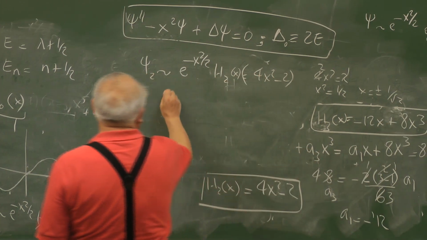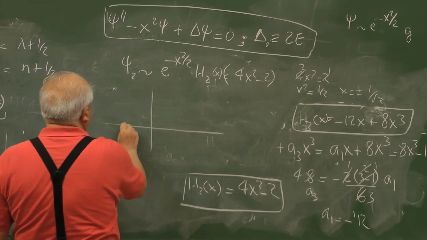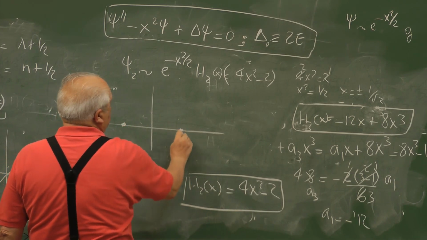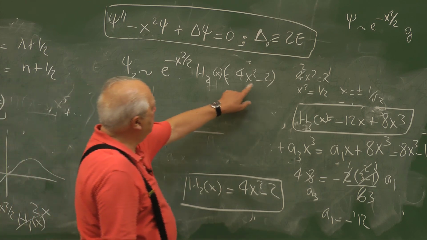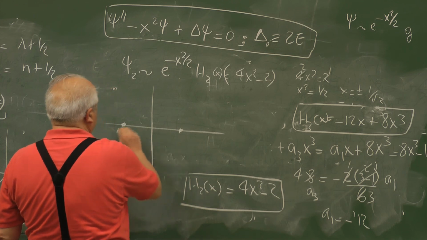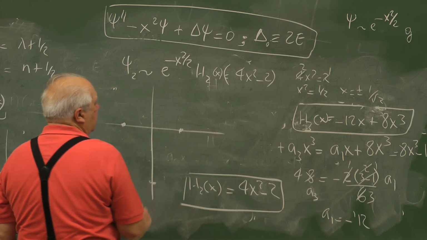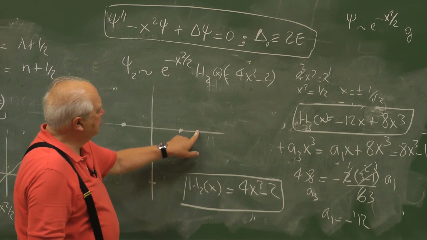So here we are. First of all, it has zeros here. And then when x equals 0, it is at minus 2 here. And then outside 1 over root 2, this is bigger.